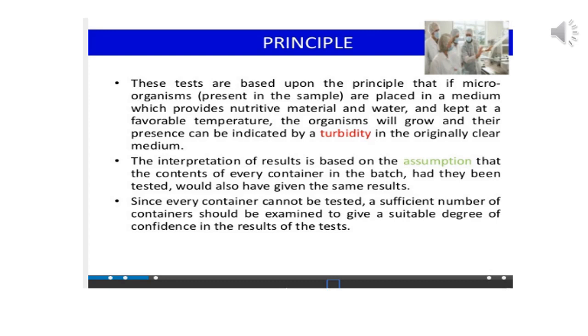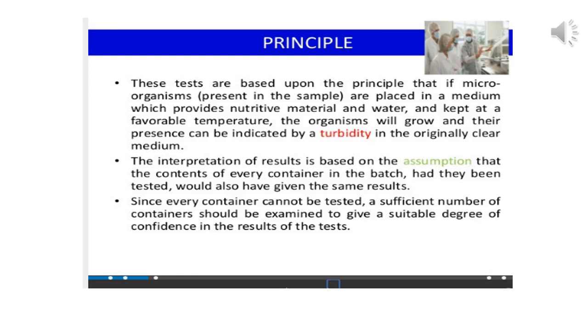So what we do is, randomly from the batch that we have produced, we select a few, and that number is also provided by IP, BP and USP. We select a few vials of that IV injection, and the solution present inside is placed in a nutrient agar plate or a nutrient agar broth.